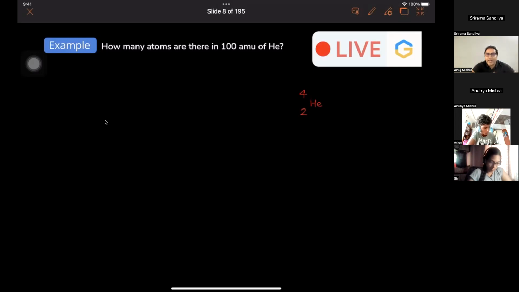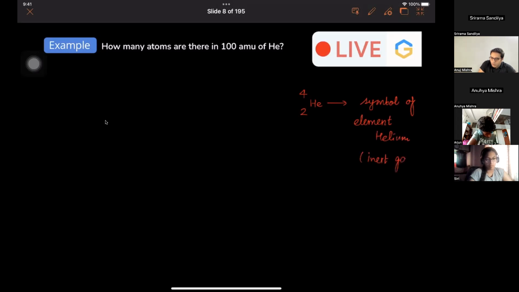Now do the maths and tell me the answer. What is this representing? The symbol of the element helium, which is an inert gas, of course, a non-reactive gas. What is 2 representing?